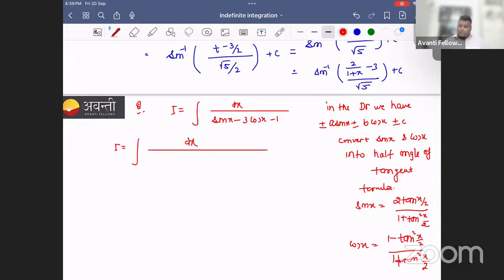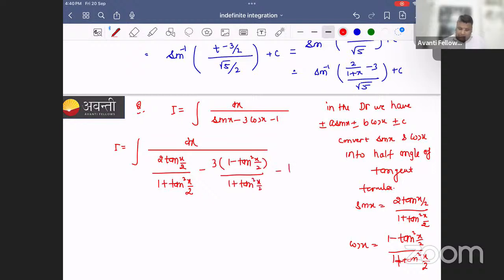So this I will be integration dx upon, now sin x is 2 tan x by 2 upon 1 plus tan square x by 2, minus 3 times 1 minus tan square x by 2 upon 1 plus tan square x by 2, minus 1.